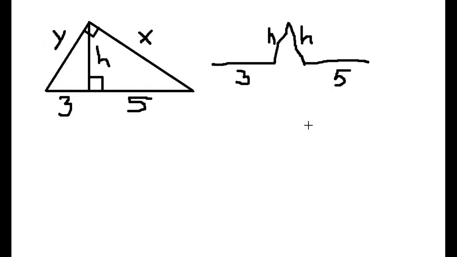And so this allows us to write the proportion 3 over h is equal to h over 5.